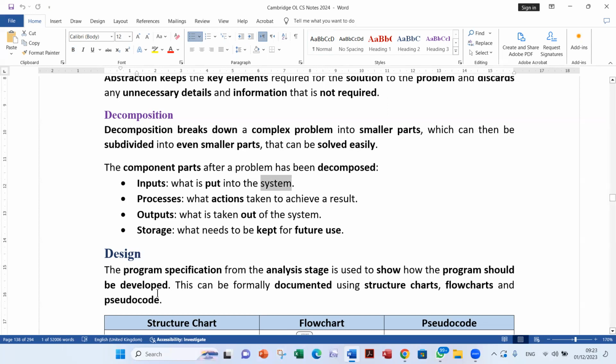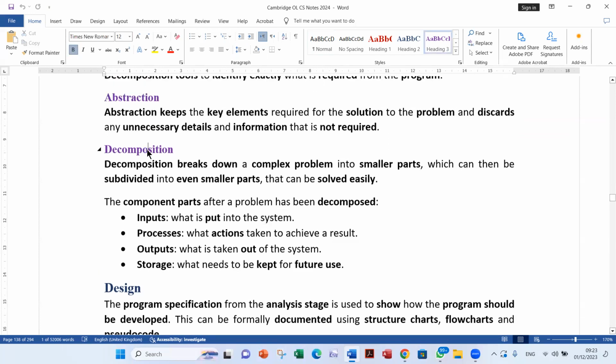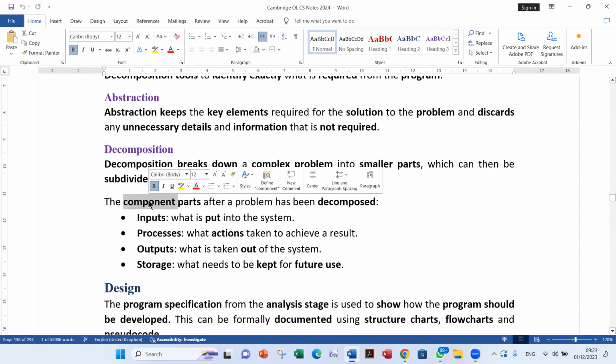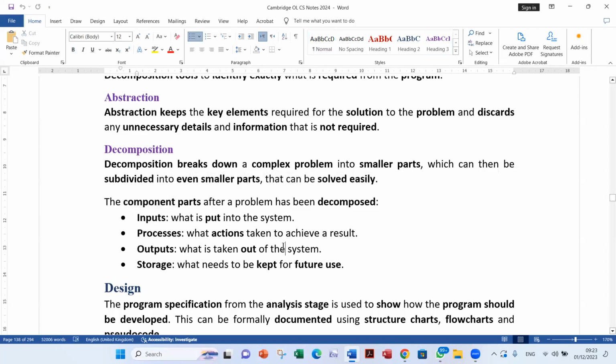Storage: what needs to be kept for future use? So this is a very good example about decomposition, and this is how decomposition appeared in last year's exam. They asked about components of any system. This is a general decomposition of components of any system or any program.